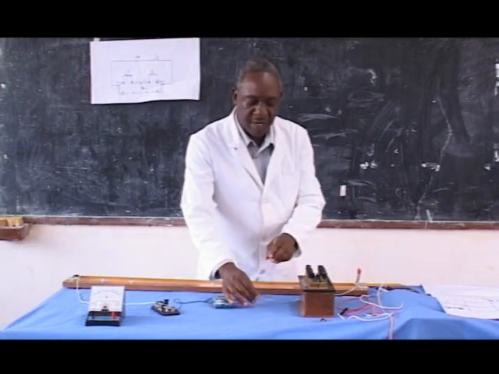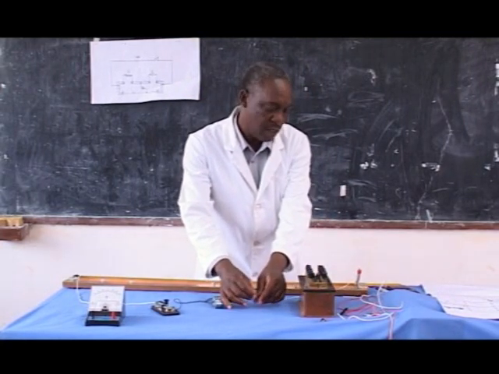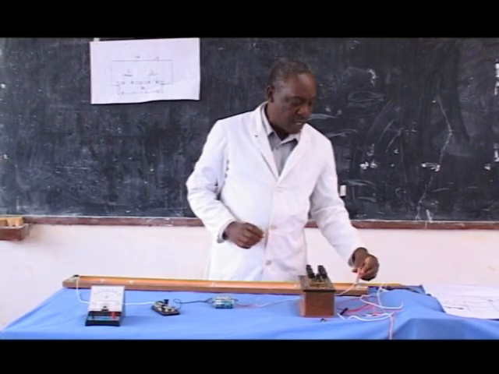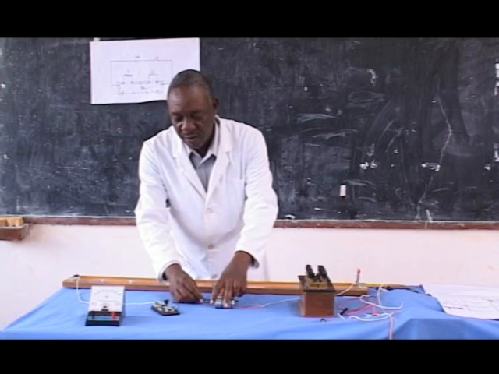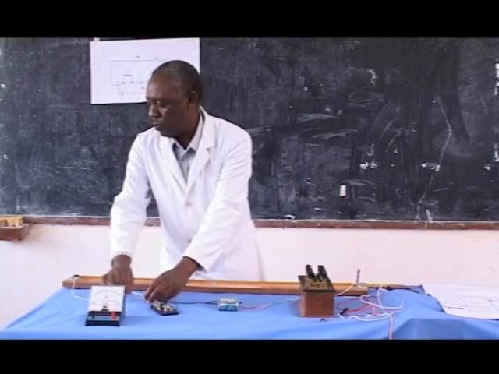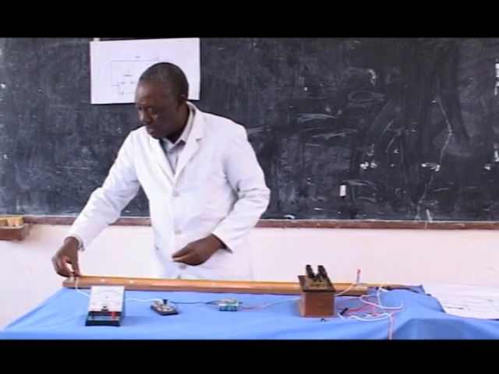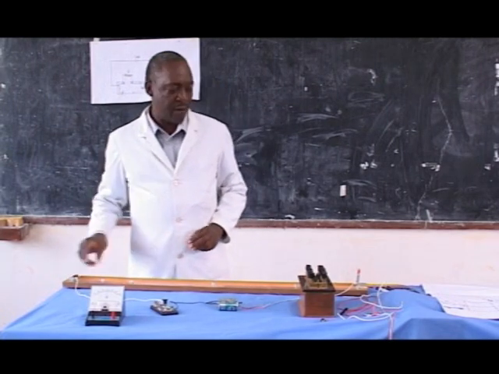Connect the positive terminal of the dry cell to terminal A of the wire and the negative part of the dry cell to terminal B of the wire.